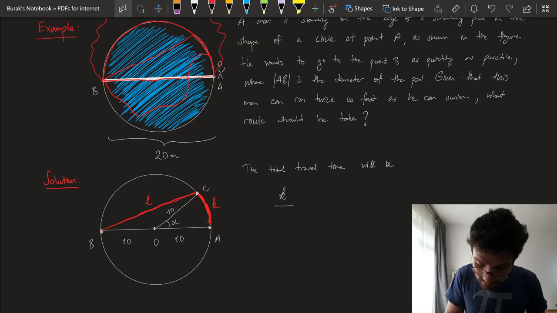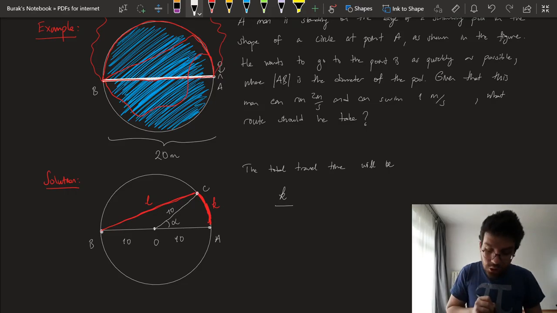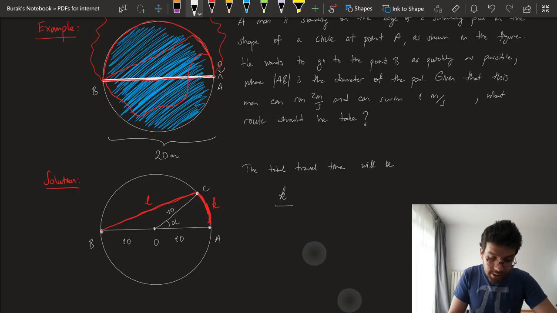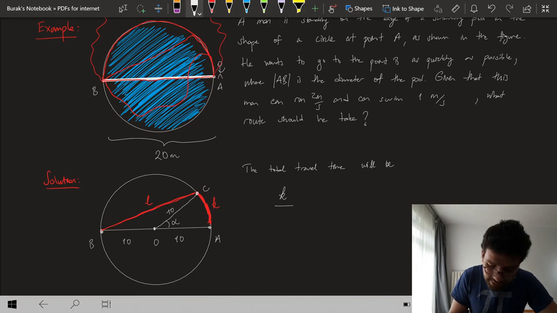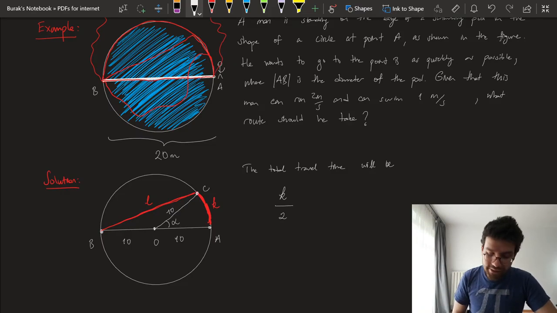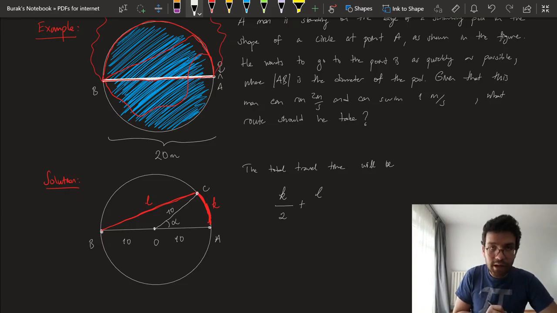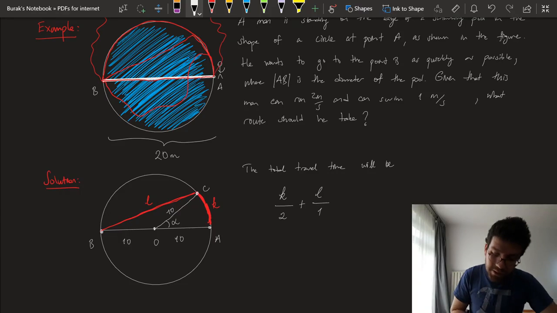Given that this man can run 2 meters per second and can swim 1 meter per second, what route should he take? So if this arc length is K meters, in order for him to reach from point A to point C, he should spend K over 2 seconds, and then he's going to swim all this way, L meters, with speed 1 meter per second.